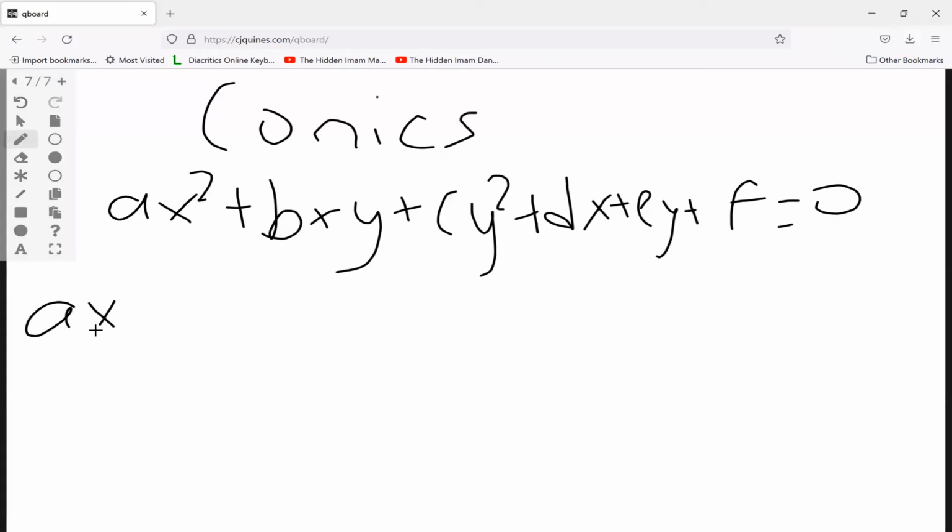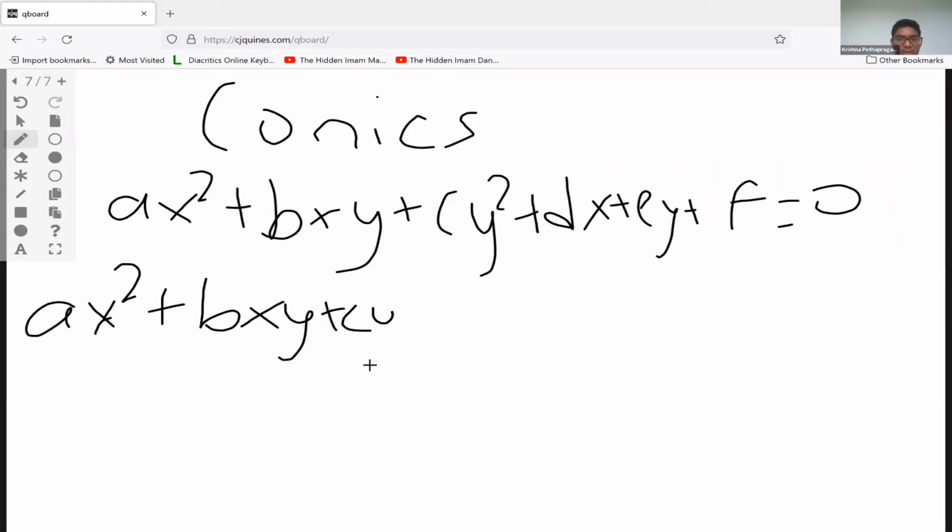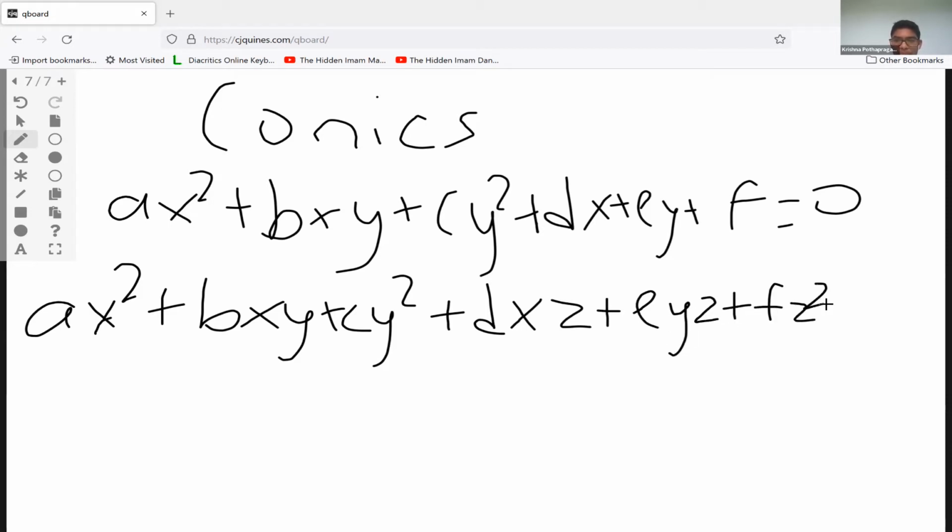And in the new coordinate system, the real projective plane, we define this to be a conic. And this is exactly the same, right?